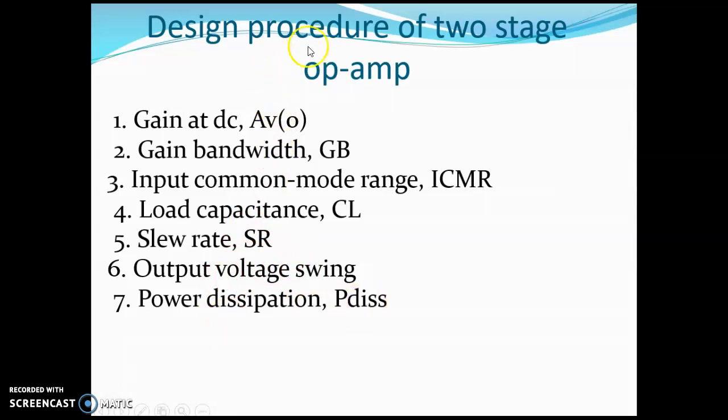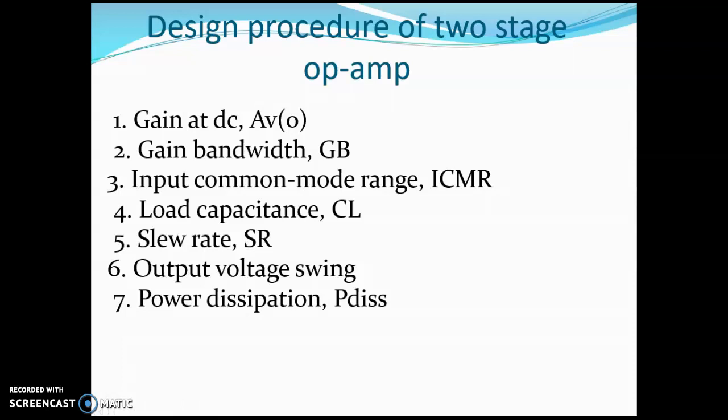So before designing any two-stage op-amp, we have to take into consideration all these parameters: gain at the DC side, gain bandwidth, input common mode range, load capacitance, slew rate, output voltage swing, and power dissipation.